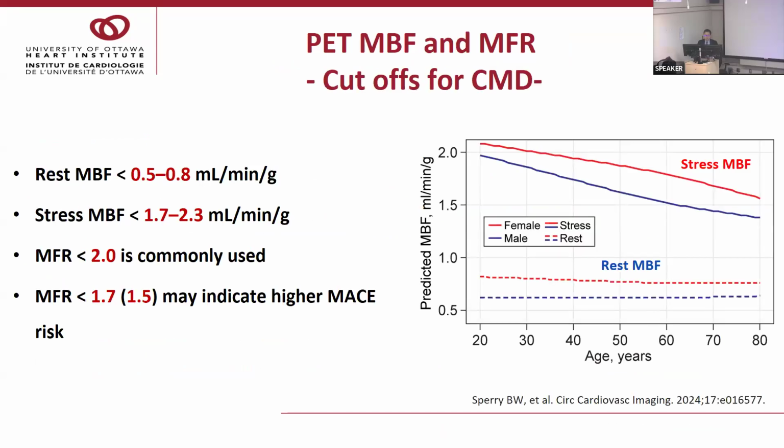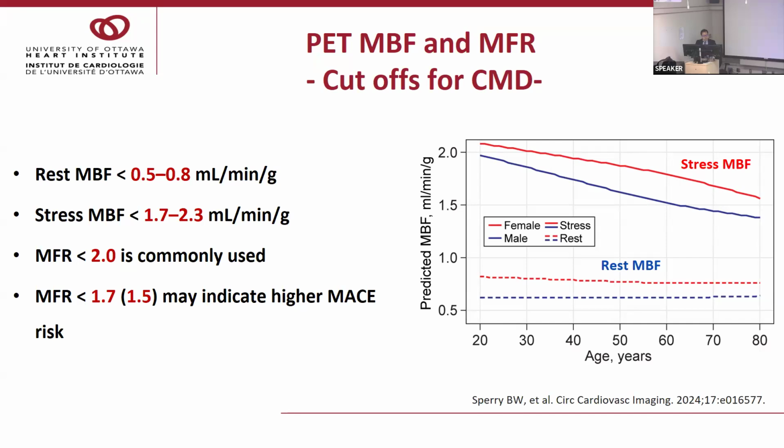When we talk about cutoff values, most centers use a rest MBF cutoff somewhere between 0.5 and 0.8, and stress MBF between 1.7 to 2.3. But again, this can vary depending on age and sex.